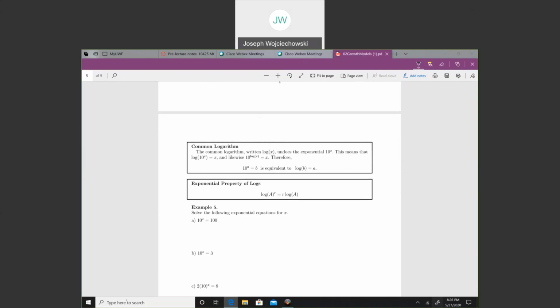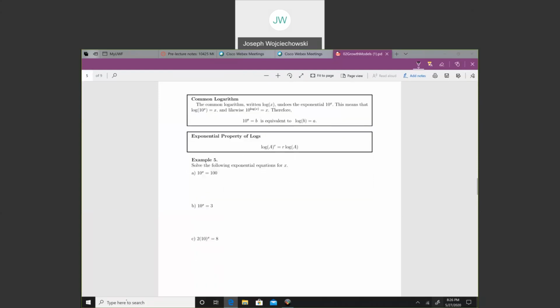Therefore, 10 to the a equals b is equivalent to saying the log of b equals a. Another thing we need to look at is an exponential property of logs. It says that if you have the log of a to the r, it's equal to r times the log of a.